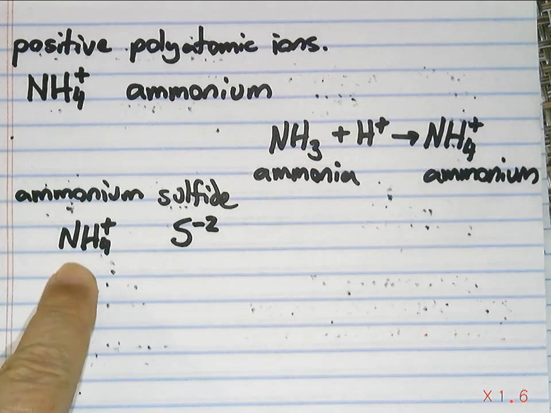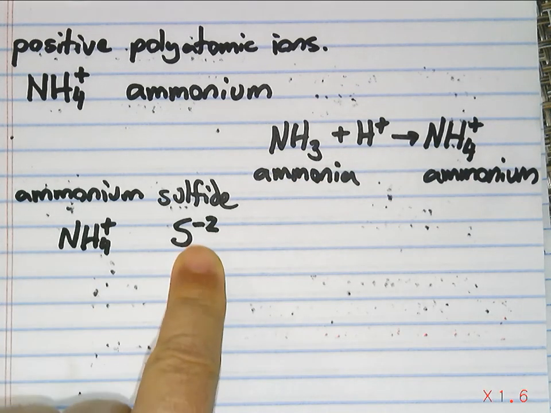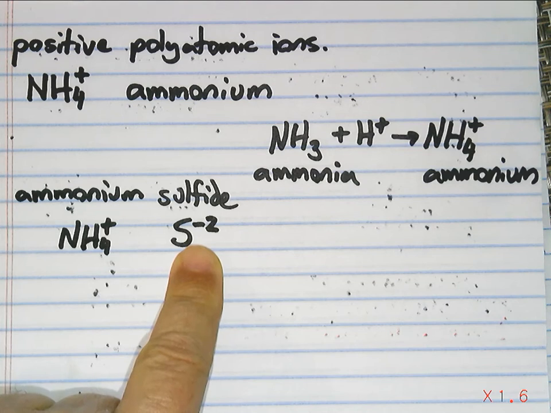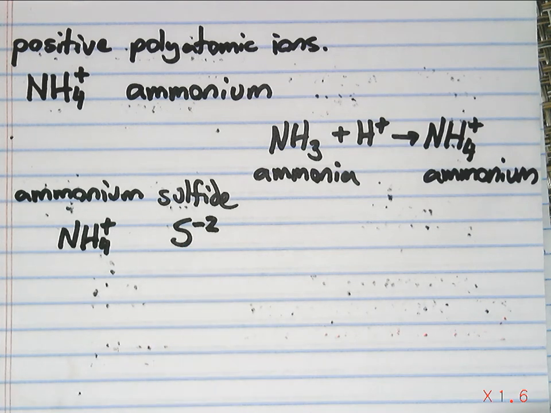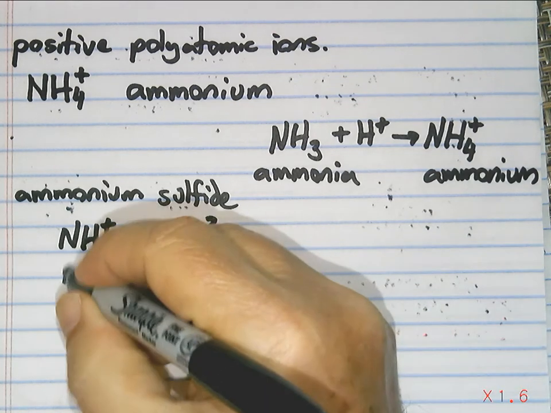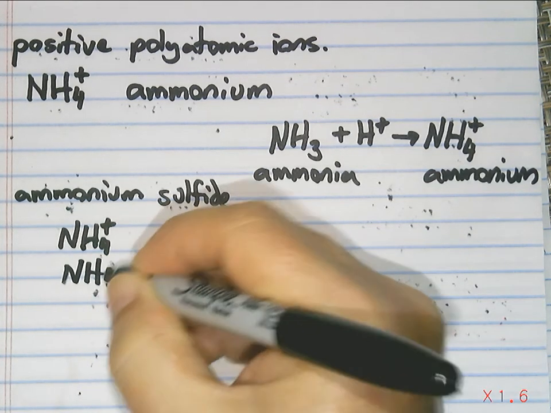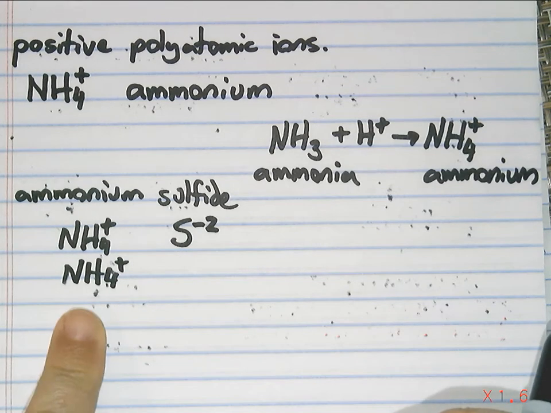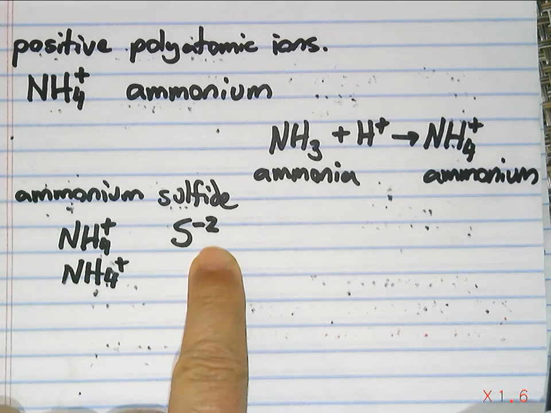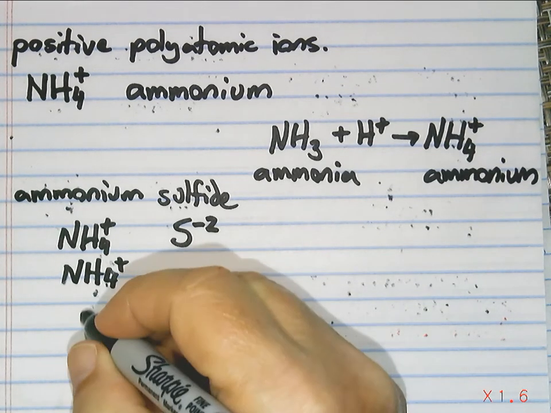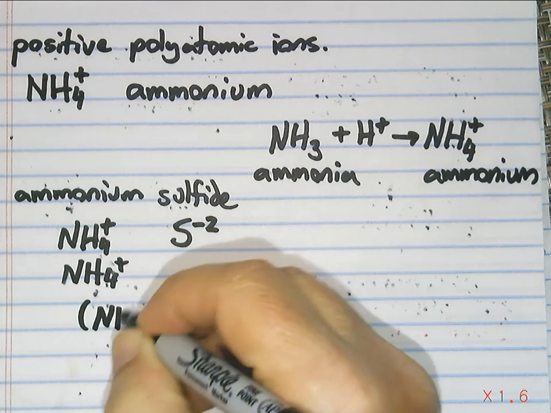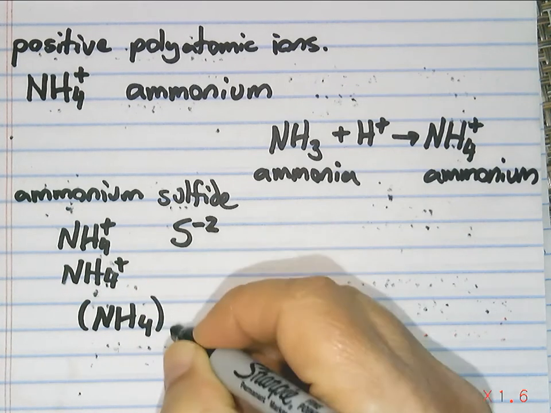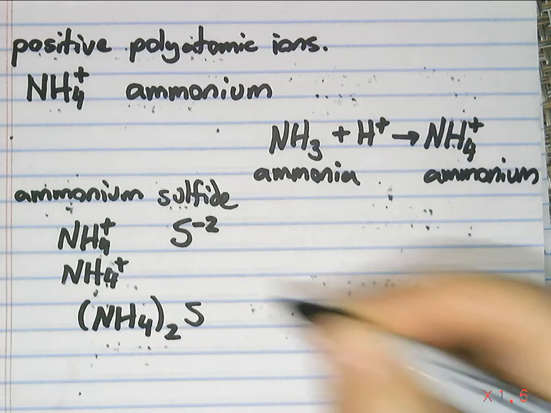Now, how many ammonium ions am I going to need for every sulfide ion? If you said 2, that's correct. You're going to need 2 of these things, because now the total positive charge over here is equal to the total negative charge over there. So the formula is going to be this.